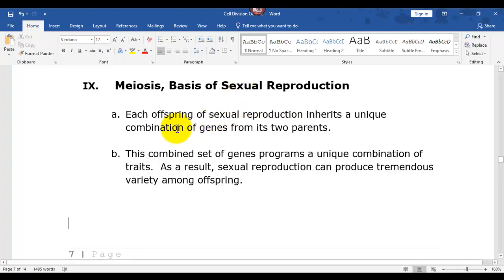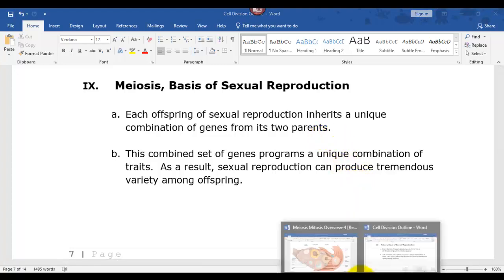Like it says here, each offspring of sexual reproduction inherits a unique combination of genes from its two parents. And meiosis does two things. It's going to cut the number of chromosomes in half.